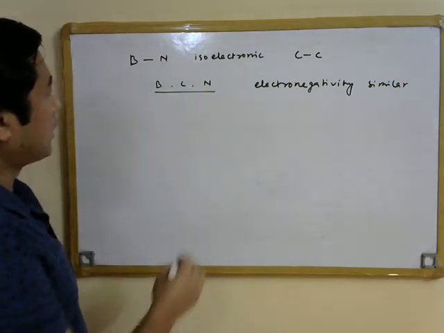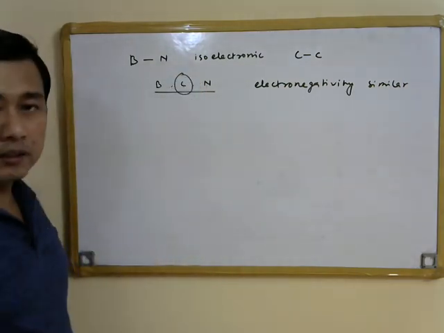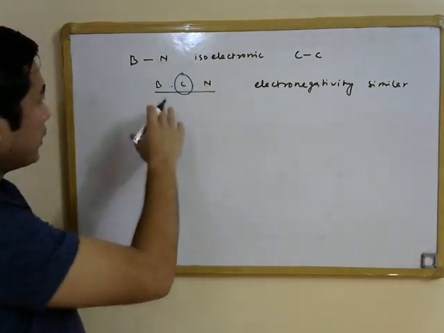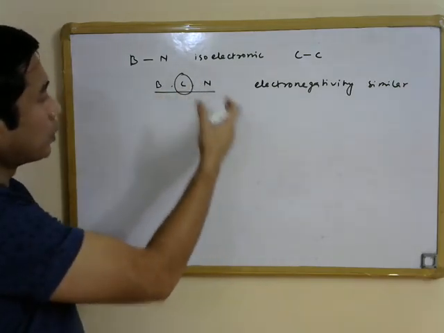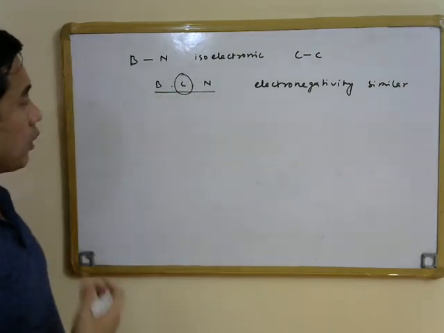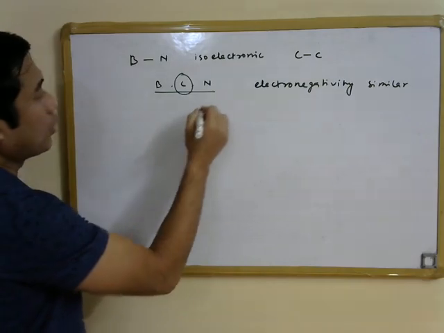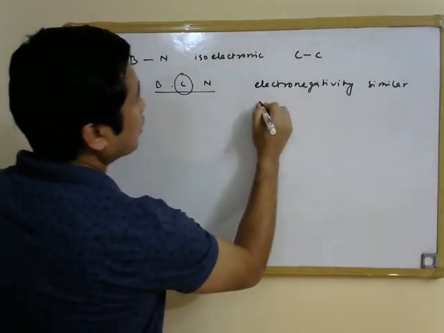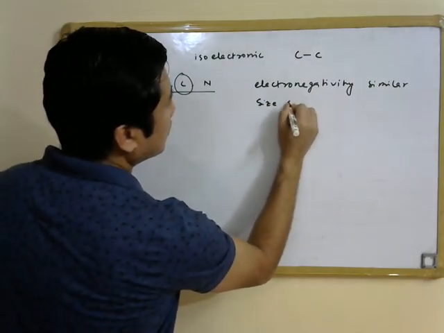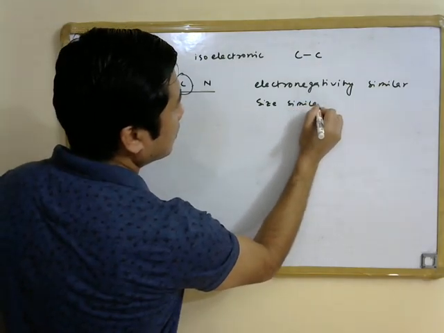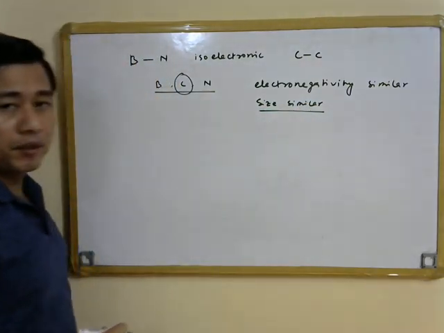That is, the electronegativity of carbon is a mean of the electronegativity of boron and nitrogen, and also the sizes of these 3 elements are quite similar.